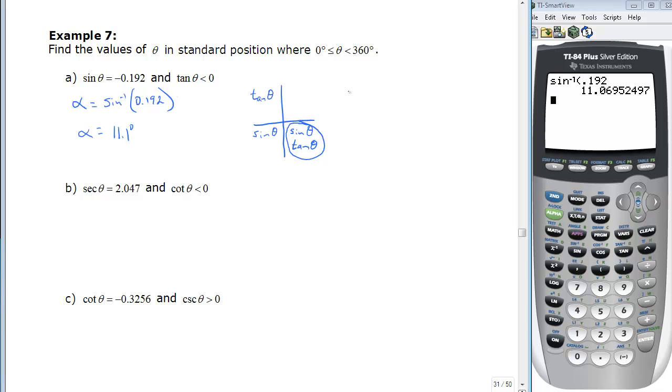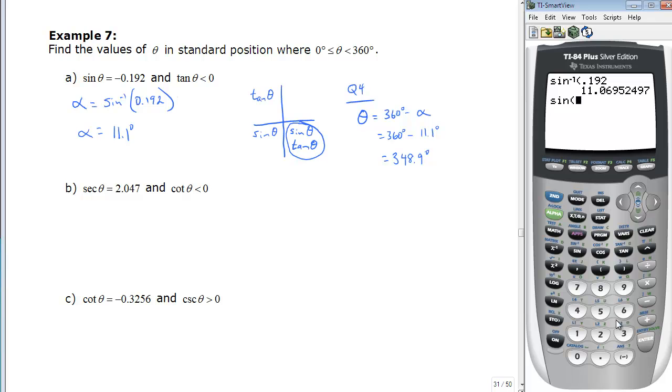So the angle we're looking for is in quadrant 4. In quadrant 4, the angle theta is equal to 360 degrees minus our reference angle. So in this case, that's 360 minus 11.1 degrees, which gives us 348.9 degrees.